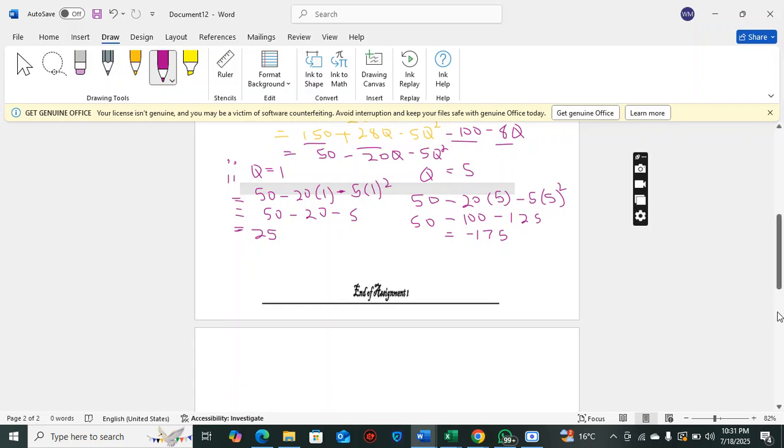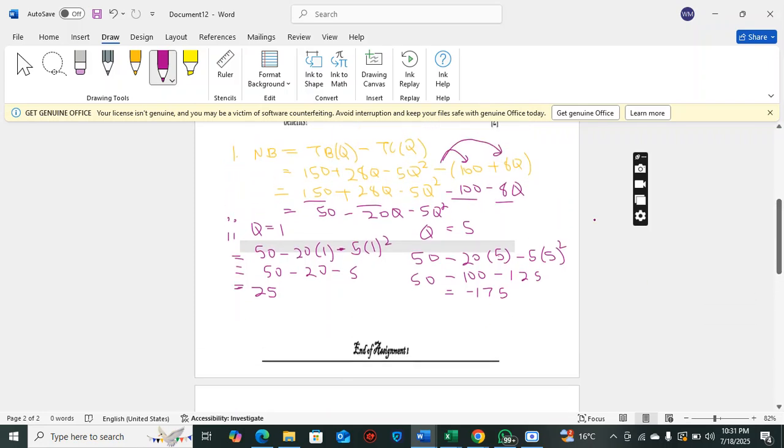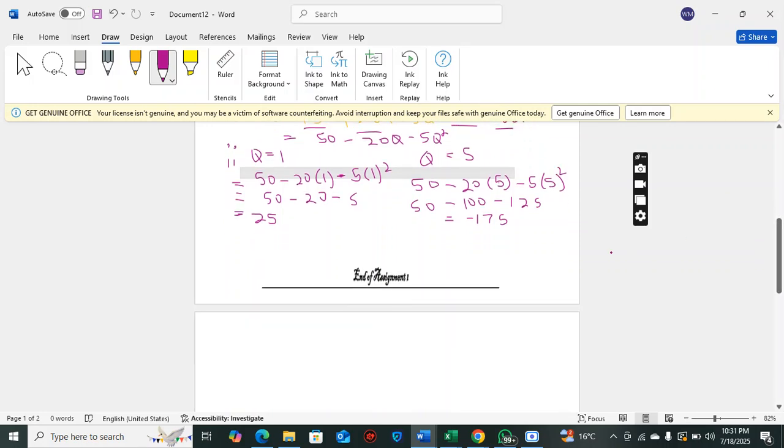The first way is you can derive the net benefit equation. That's the shortcut method. Let's first derive, and I'll show you the second way. So marginal net benefit equals the derivative of net benefit. We're deriving the net benefit equation with respect to Q.